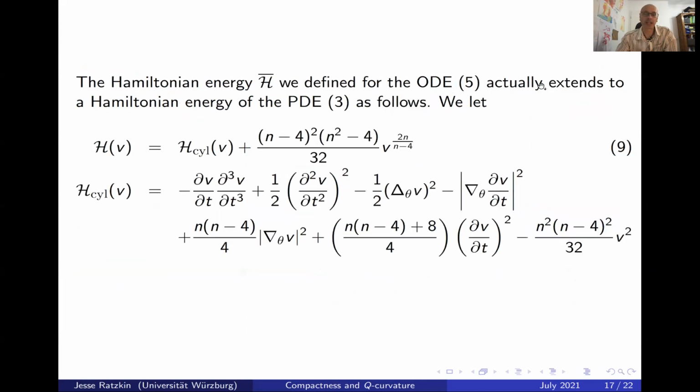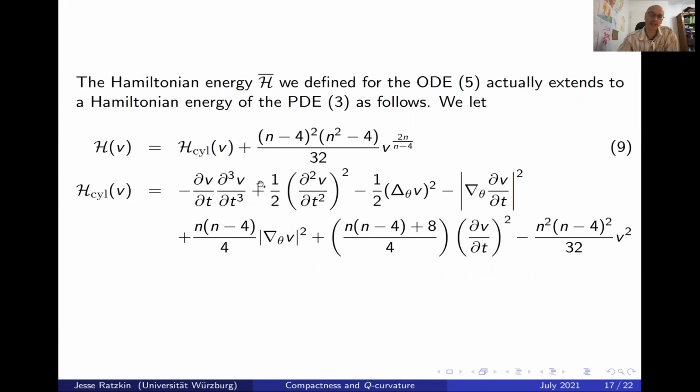The Hamiltonian energy we defined for the Delaunay solutions actually extends to a Hamiltonian energy for all solutions, regardless of whether or not they are functions of t alone or functions of both t and theta. So the formula for this Hamiltonian energy looks a little bit complicated.